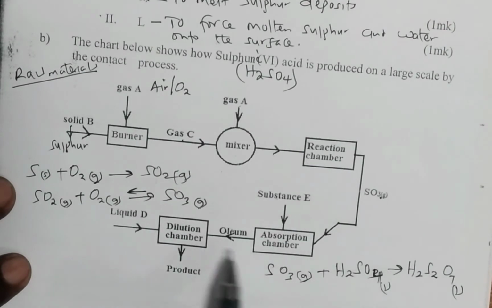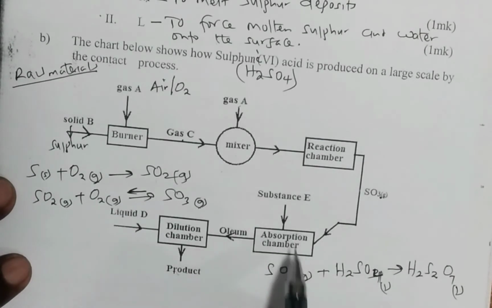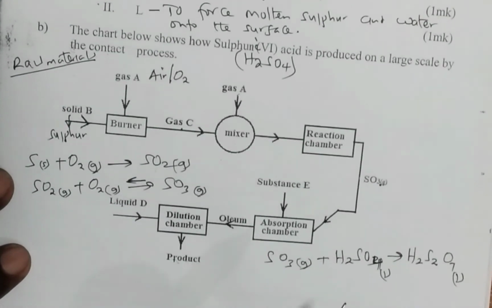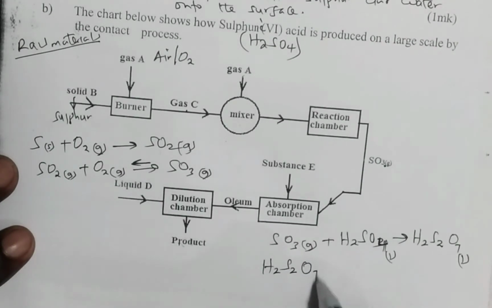Then oleum is diluted with water to form the product that we are looking for. So we take oleum, which is H2S2O7.